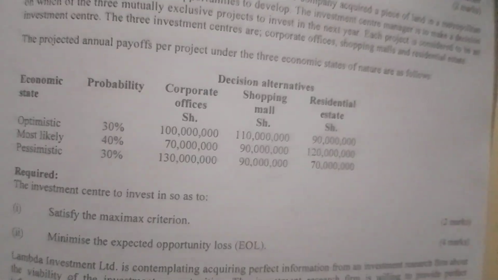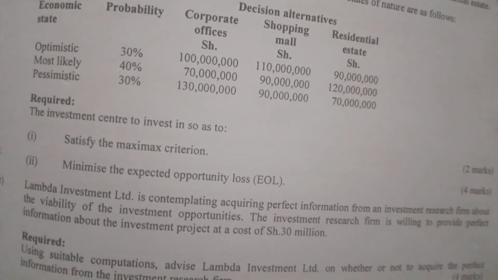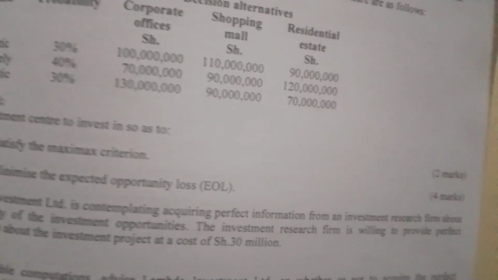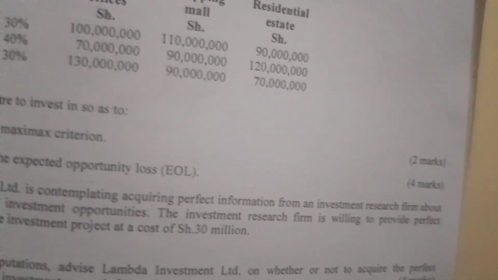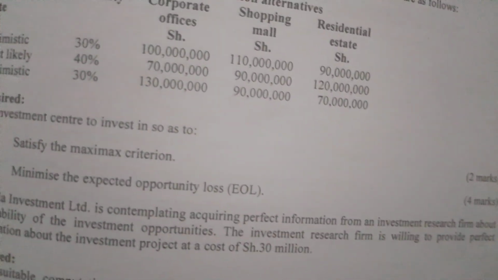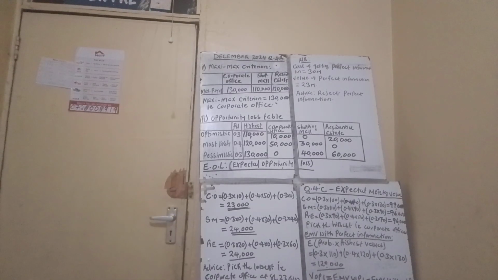The investment center to invest in so as to satisfy the max criterion. I've said go along each row and you pick the highest number. The first row we have picked 110. The second row we have picked 120. The third row we have picked 130. Then once you have done that, check from the board.